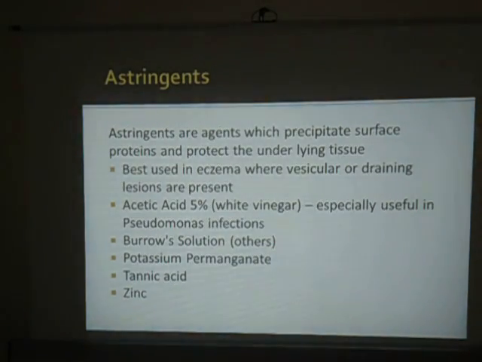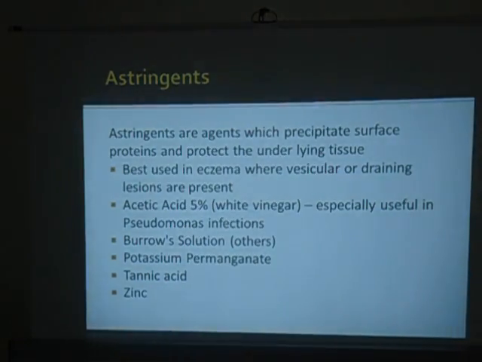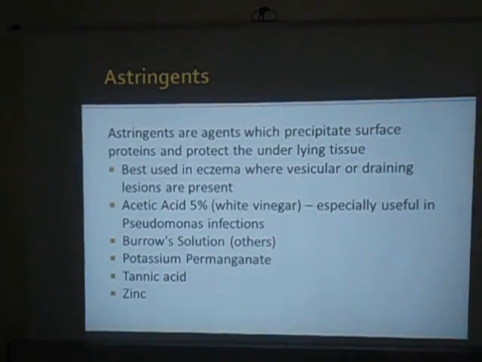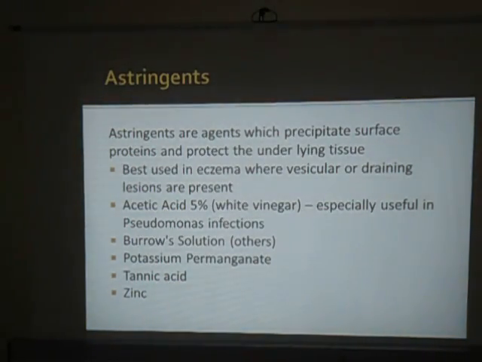For example, if you have a wound on the hand, we can apply an astringent so that the surrounding sweat or dust will not enter the wounded area. Common tea which we drink is also an astringent because it contains tannin, which is an astringent. So we have many astringents available. We have also discussed zinc.